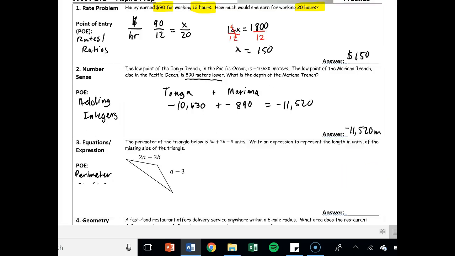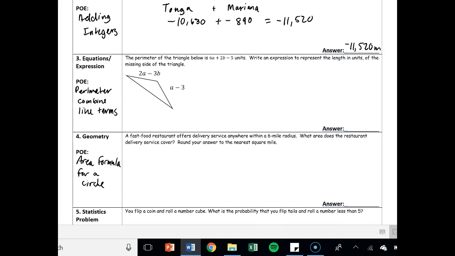Number 3, it says equations, expressions. The perimeter, underline perimeter, of the triangle below is 6a plus 2b minus 5. Write an expression to represent the length of units of the missing side of the triangle. So notice they give you two sides, but they forget the missing side. You know that perimeter is all of them added up to equal that expression. So we've got to combine some like terms here.